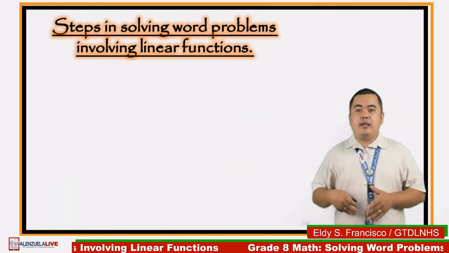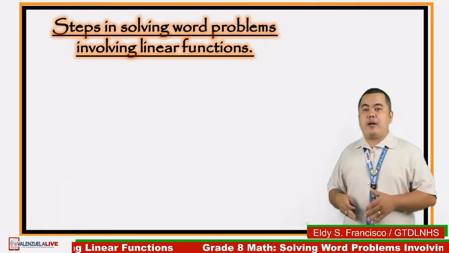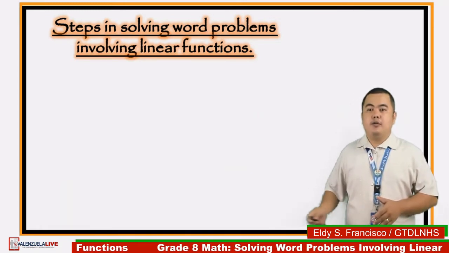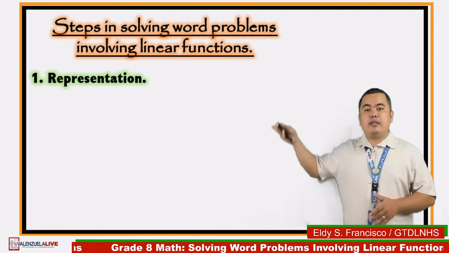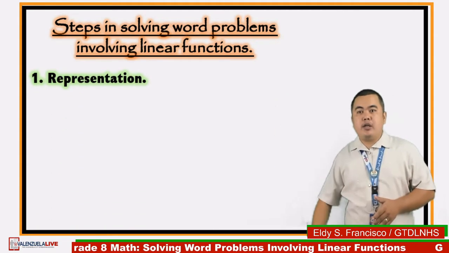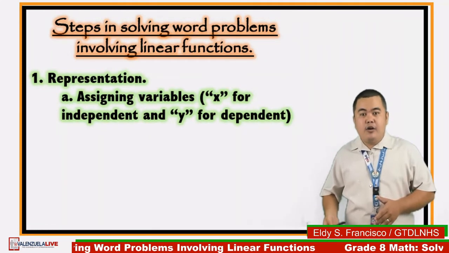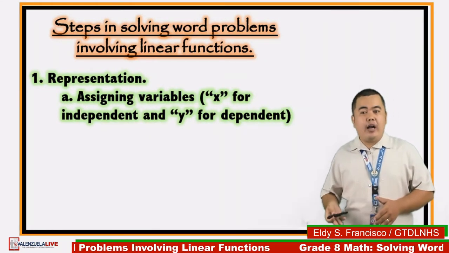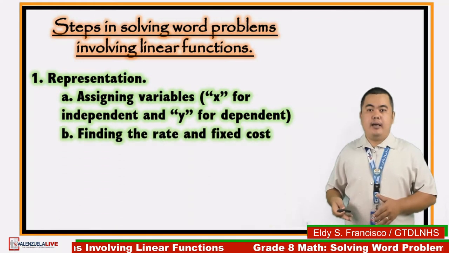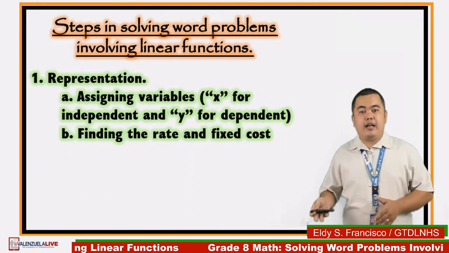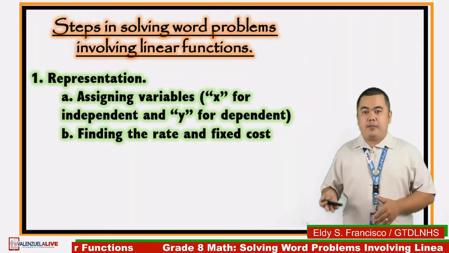And here are the steps in solving word problems involving linear function. First is representation. You are going to assign variables like x for the independent and y for the dependent, and then find the rate and fixed cost in the problem.